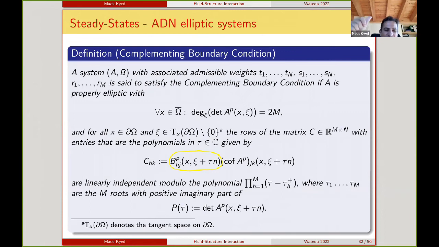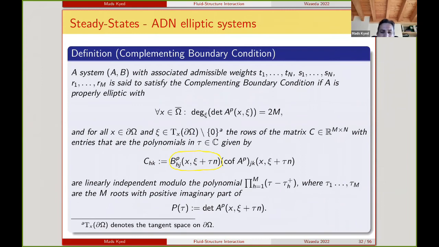So we fix the x, and we fix the psi, and then we fix an n, which is the normal to the tangent space, and then we introduce a tau. So psi plus tau n is a path or a line in the normal direction. We can consider this as a polynomial in tau.